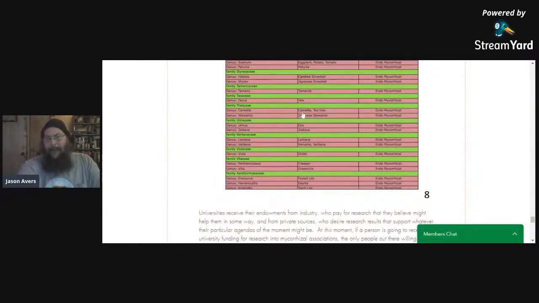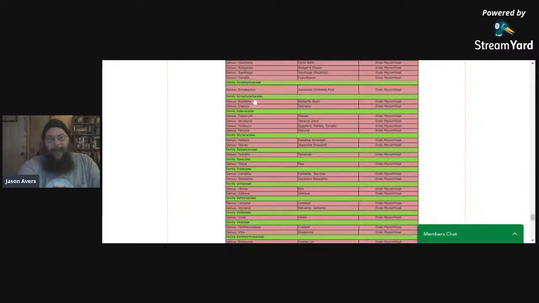Whenever this comes out in the full book form, I'm not going to have it laid out by family. I'll have it laid out by the type of mycorrhizal association and the overall role that you would use these particular plants in whenever you're doing your design.